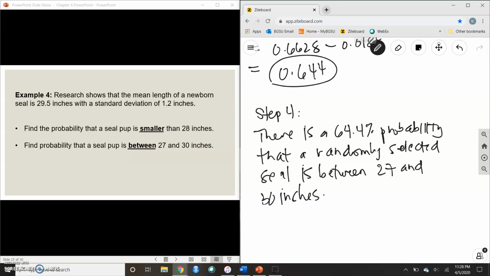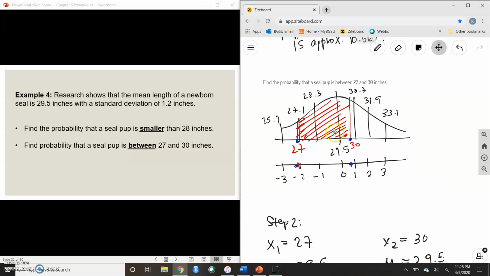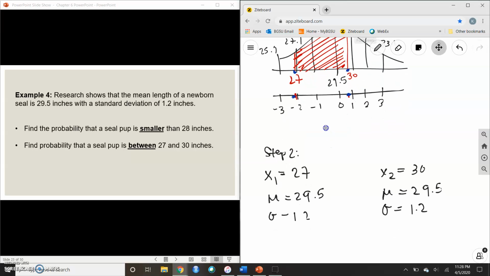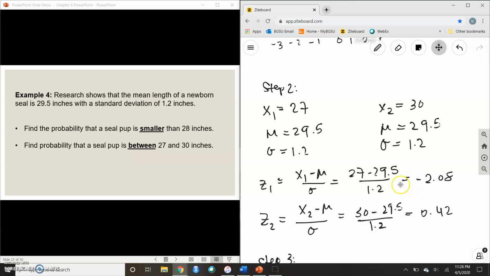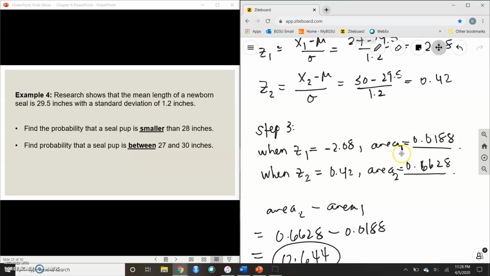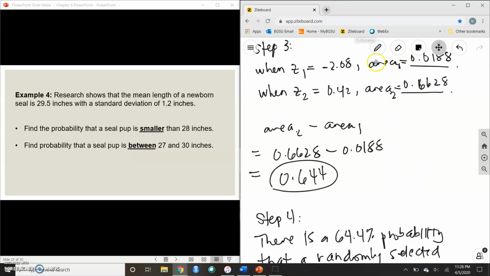So to recap this problem, we're finding the probability that a seal pup is between 27 and 30 inches. Since we have two values, we have two z-scores, which we found. With two z-scores, we have two areas, area 1 and area 2. Area 1 is only considering the area from -2.08 to the left.